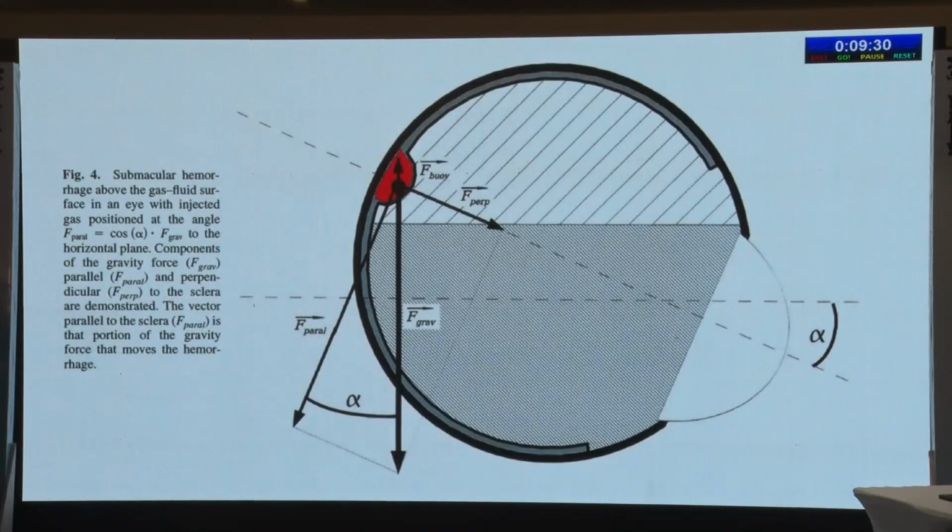Now that is the reason for a particular type of head positioning that we have to adopt in case we are not vitrectomizing the eye, but we are just partially filling the eye with air. The position has to be such that the blood clot comes in contact with the gas.